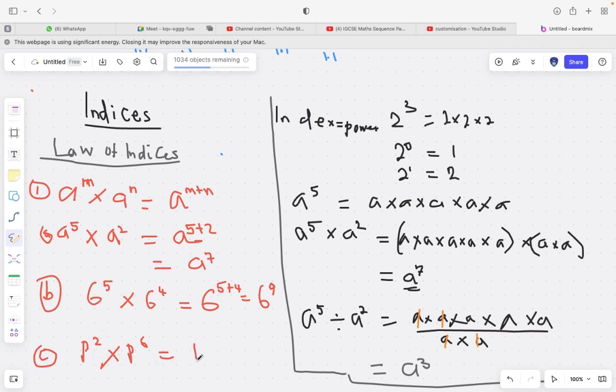You write p only once, and then you add the power. And this must be multiplication in order for it to also be first law. So you say 2 plus 6, and that gives you p to the power of 8. That's your answer. Is that okay?